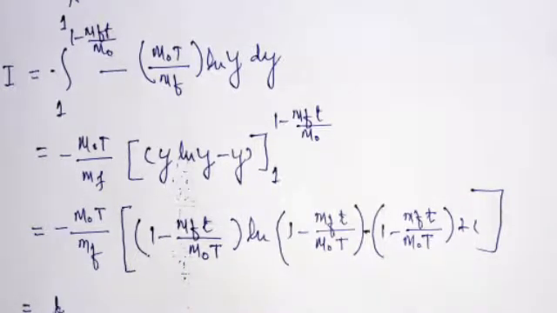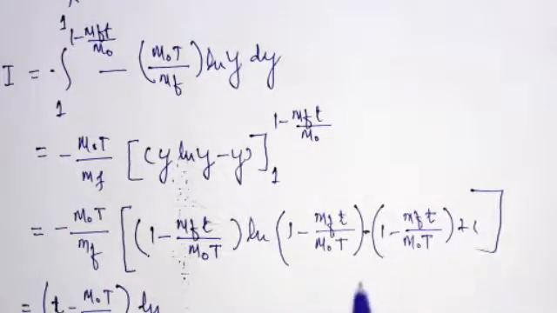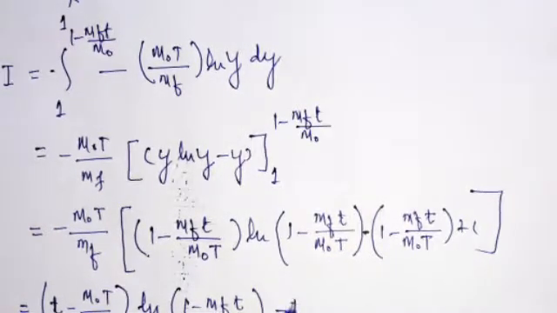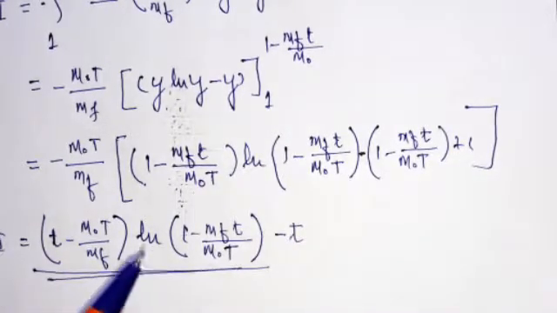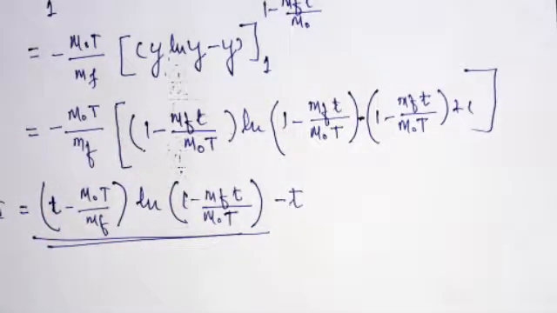We can write as t minus m naught t divided by mf into ln of 1 minus mf t divided by m naught t, minus t. So we can substitute the value of this integration in the above equation.